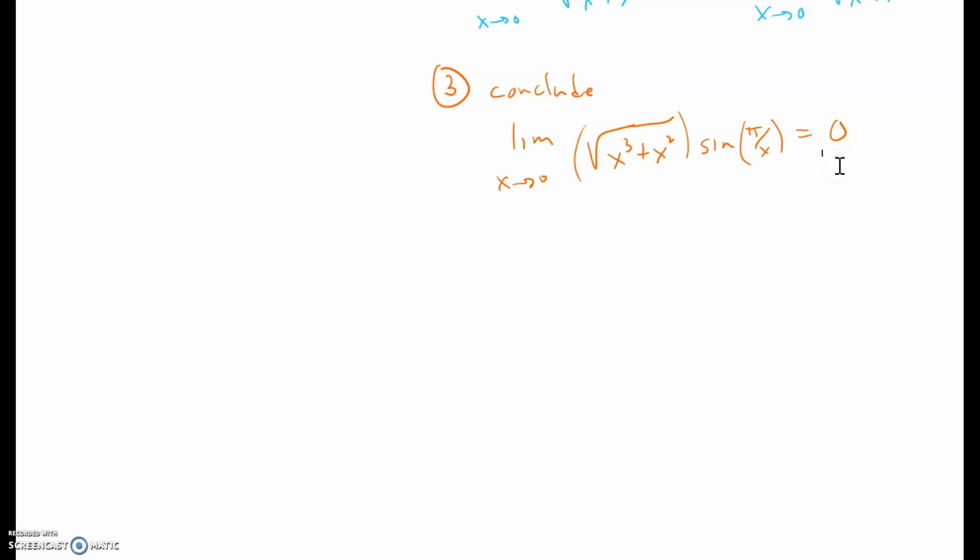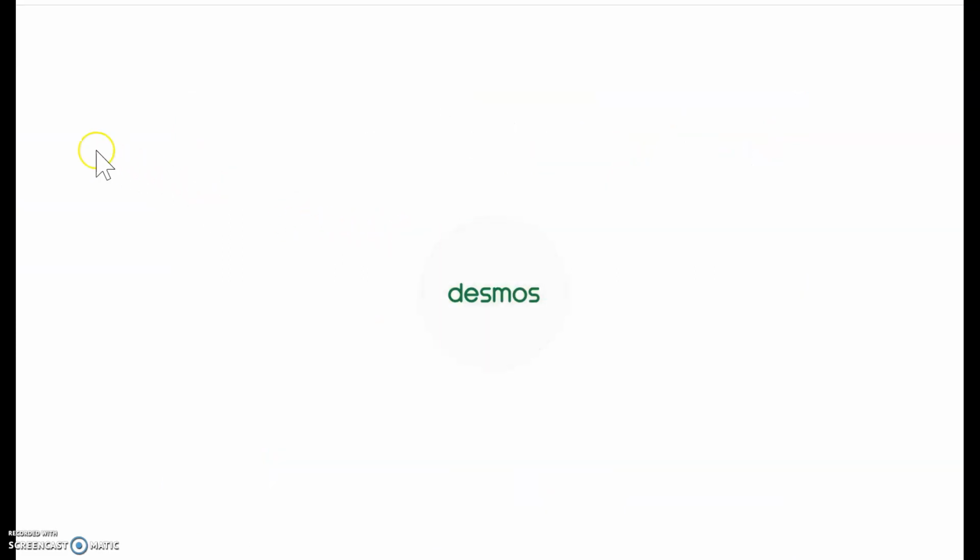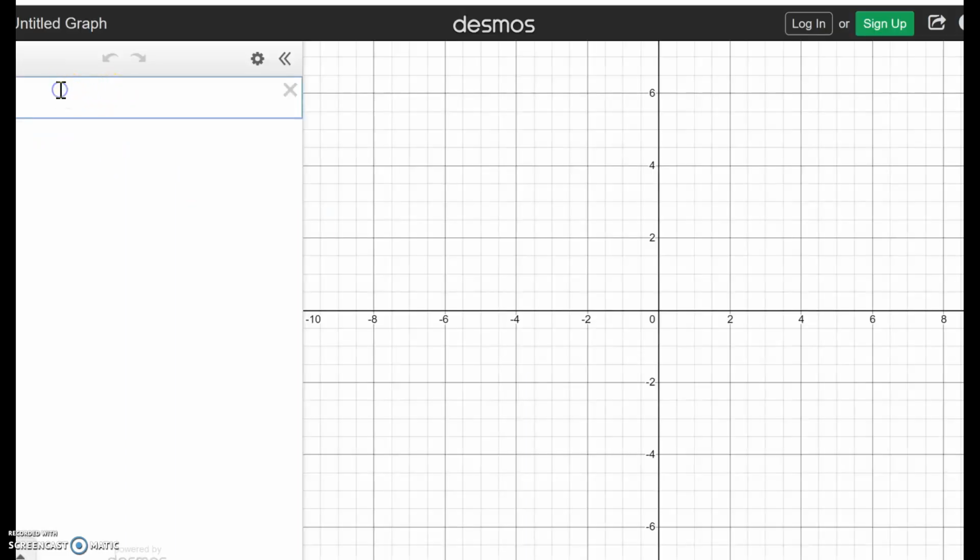But let's illustrate this graphically as well. I'll just go to desmos.com. Here's desmos.com. Click graphing calculator. Let's type in those three functions first of all. Y equals, let's start with the square root function.